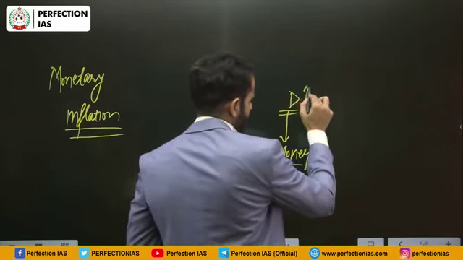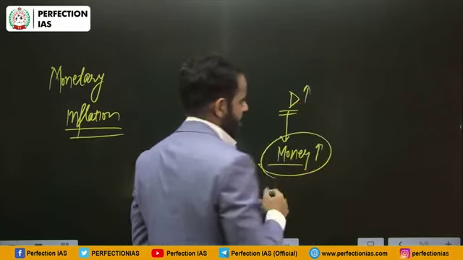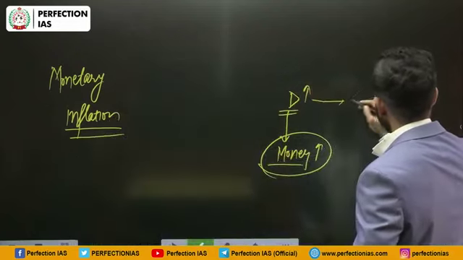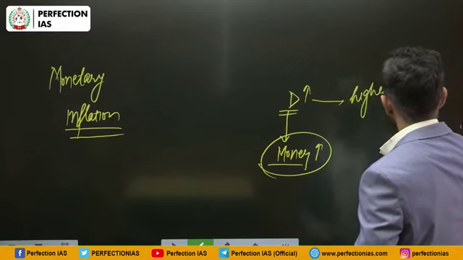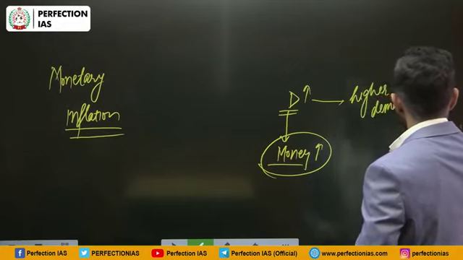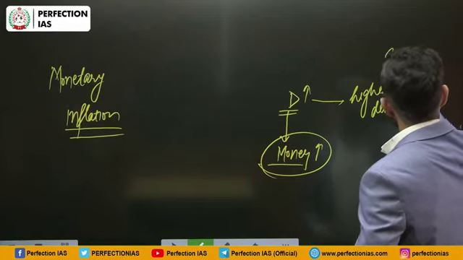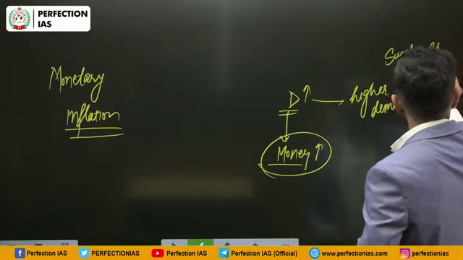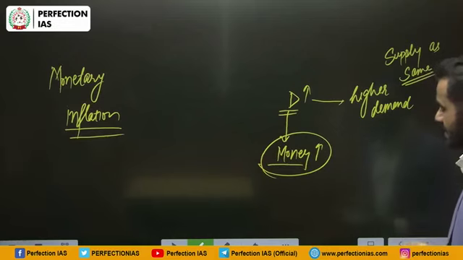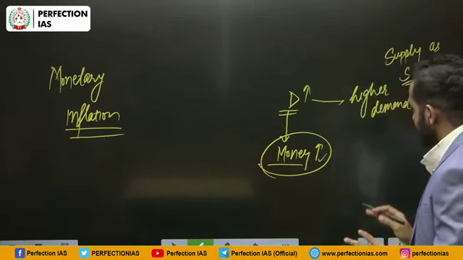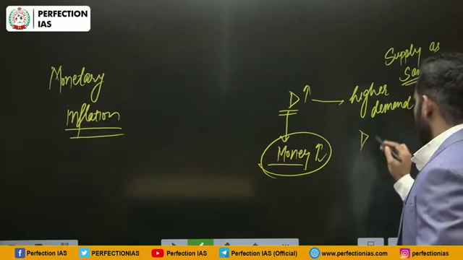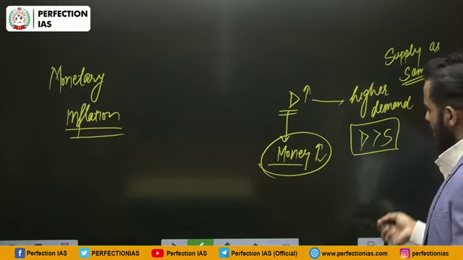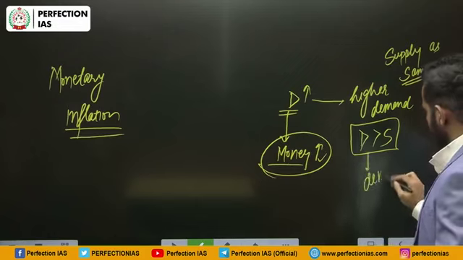So demand in economy will increase if we have extra or surplus money. Now in this situation, if we consider supply as same, supply is more or less same, but demand has increased because of higher money supply. That is going to create a problem. So this will lead to another situation of D is greater than S. Again, it will lead to demand pull.